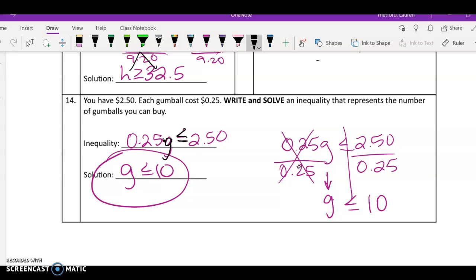Then you divide by 25 cents on both sides, and that leaves G by itself. So I have G is less than or equal to $2.50 divided by 25 cents, which is 10. So I can buy 10 gumballs, or I could buy less than 10 gumballs, but I cannot buy more than 10 gumballs.